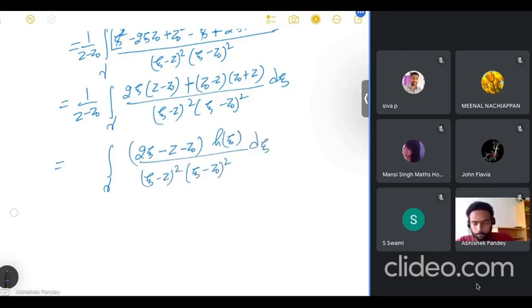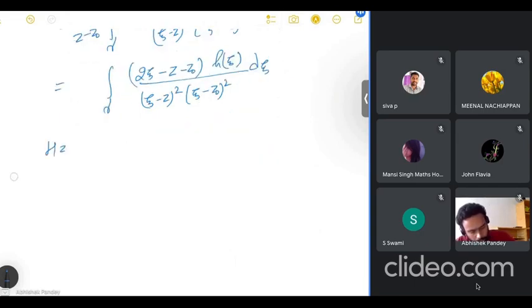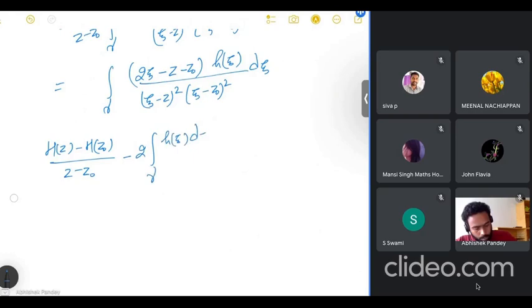Okay, now again you need to calculate h of z minus h of z naught upon z minus z naught minus 2 times the integral over gamma of h of xi d xi upon (xi minus z naught) cube.